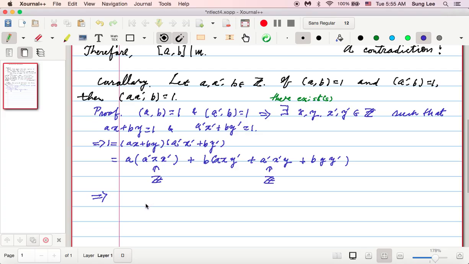Oh, I made a mistake here. This is not what I wanted to write. I wanted to write a prime times x x prime, and x x prime is an integer. So again, by the same argument and using the preceding corollary, you know which one I'm talking about, what this means is a prime a and b are relatively prime. So this completes the proof.